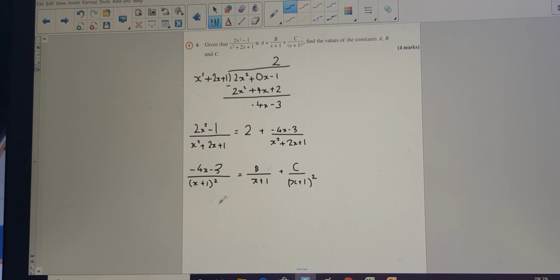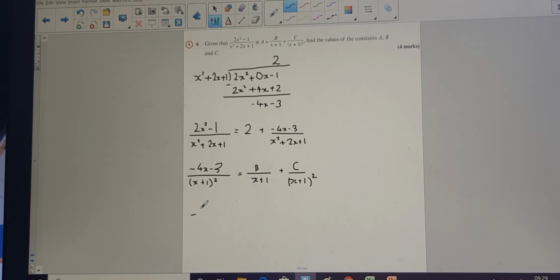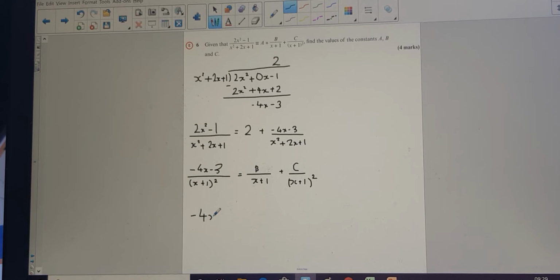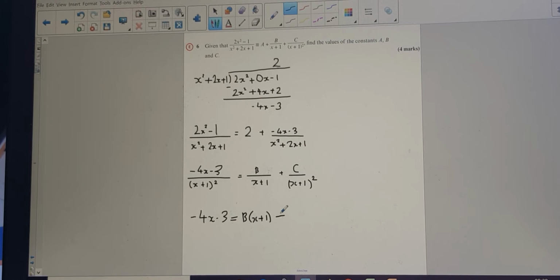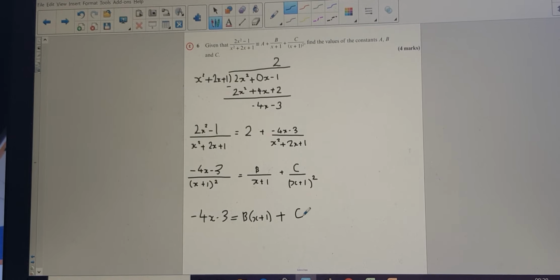Well, if I times this side by (x + 1)², it's going to give me −4x − 3 equals, well, b times (x + 1)² divided by (x + 1) is going to give me b lots of (x + 1) plus, well, c over (x + 1)² times (x + 1)² is just going to give me c here.